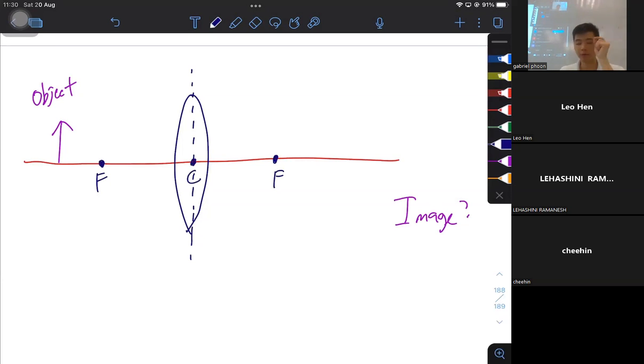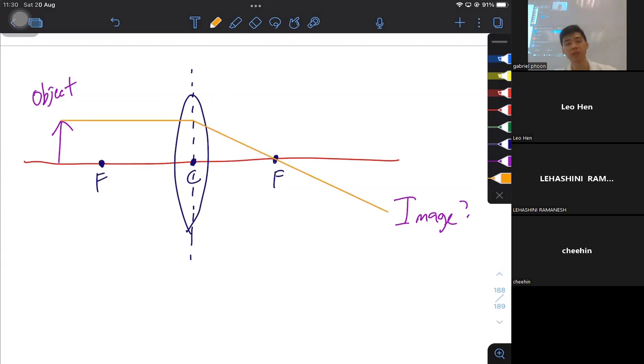Your first light ray will always be parallel to your principal axis, and it will hit exactly the normal here. Once it hits the normal, your light ray will bend and it will cut through the focal point immediately here.